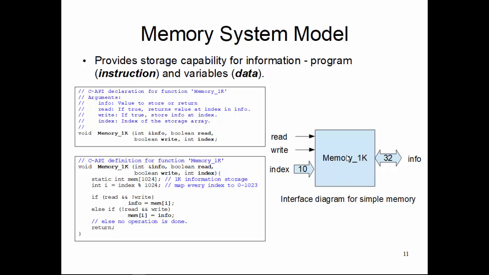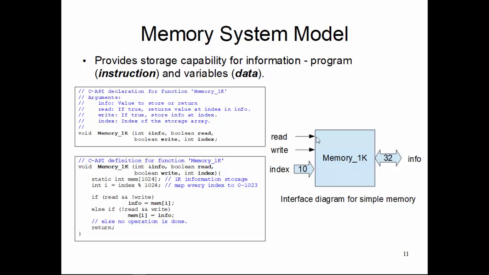It's very simple. There's a memory of 1K. We just make a text tag of the box just to say this is a memory of 1K. And I have a read 1-bit signal, because Boolean is just to represent true or false. So just 1 bit is needed, 0 or 1. 0 is false, 1 is true.